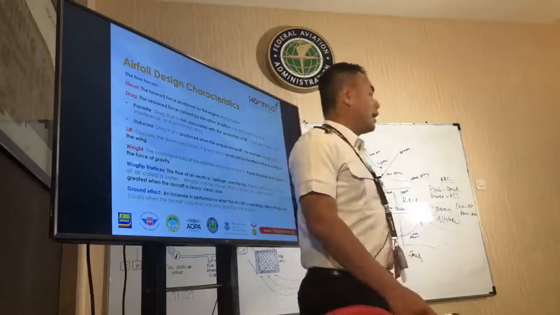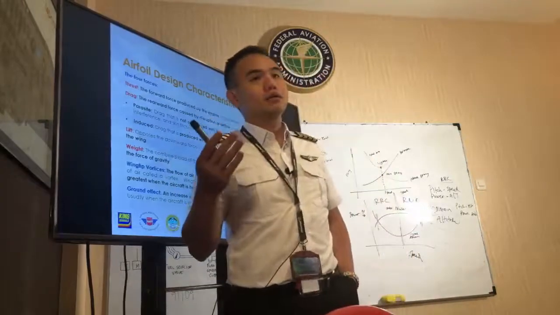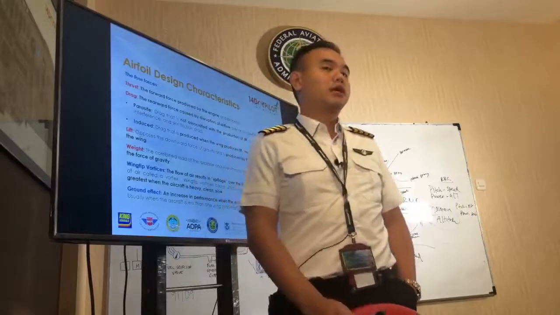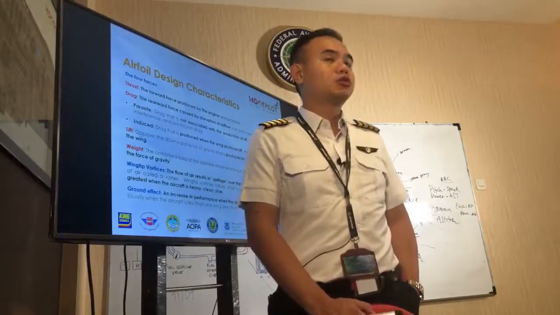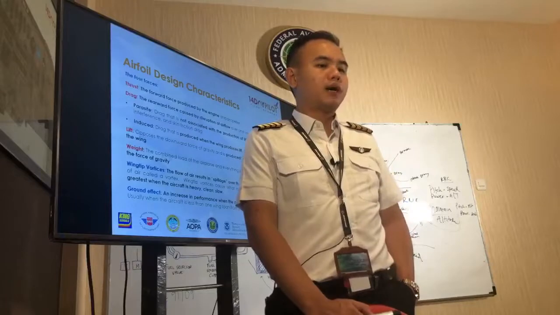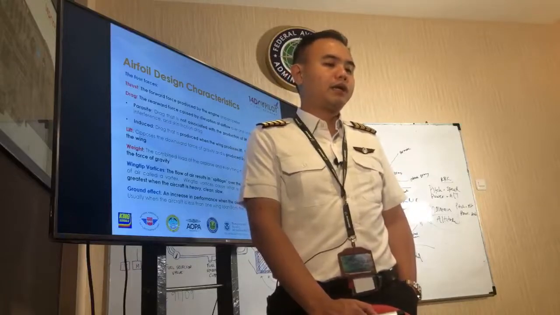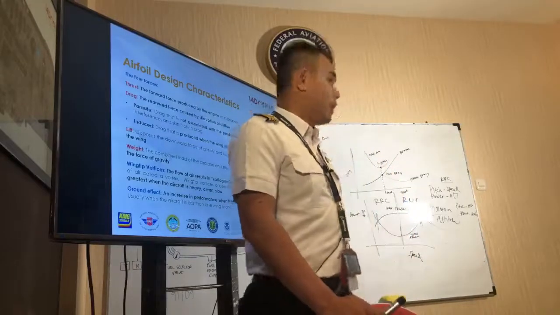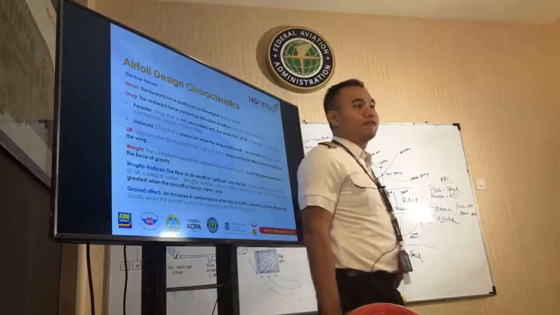Now, how does the induced drag form in our flight? There are two reasons. The first reason why induced drag happens is that you have the rearward component of lift.